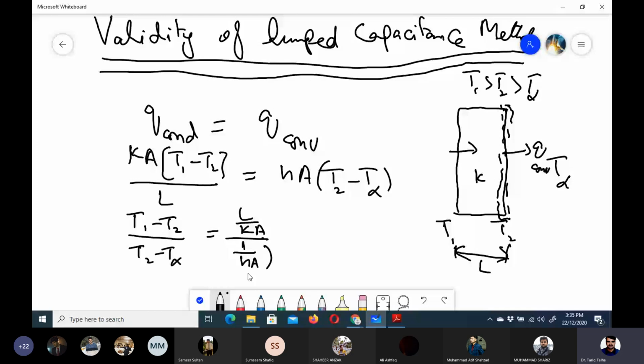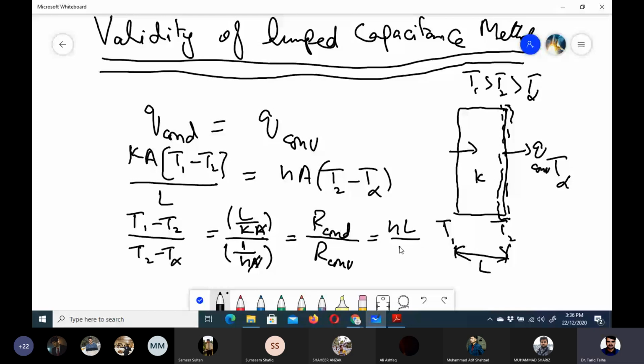If you recognize these two things from your chapter number 3 knowledge, this is R of conduction for the plane wall, and this is R of convection. Now if we simplify, the area would be cancelled out, and this is equal to HL upon K.